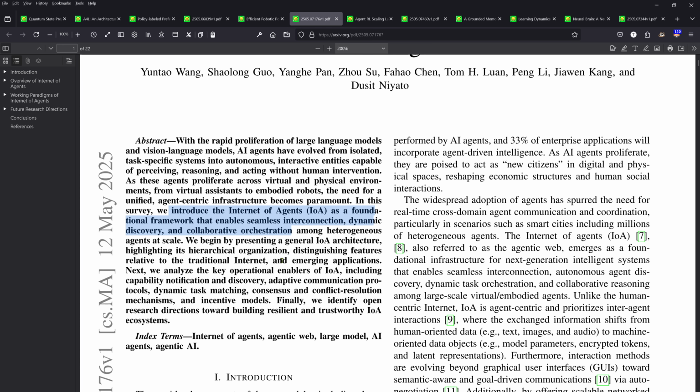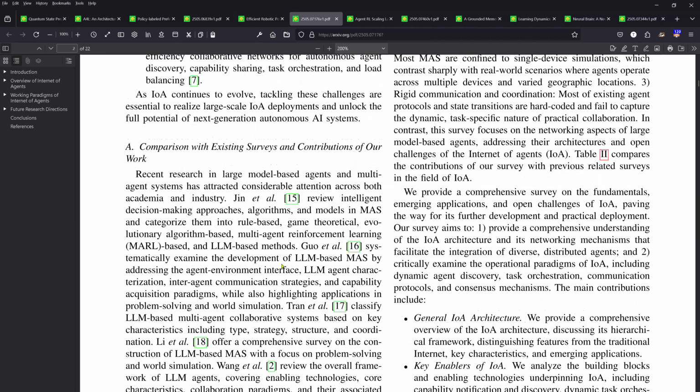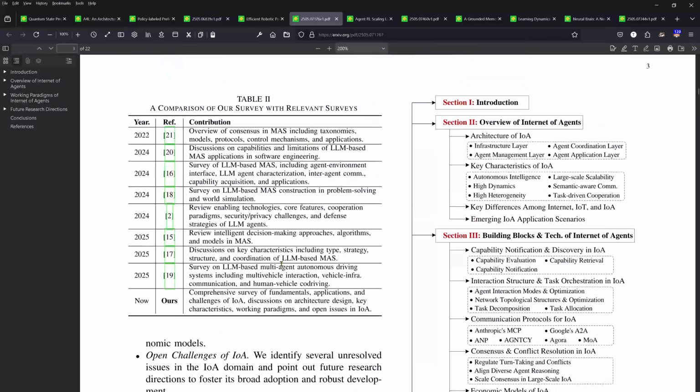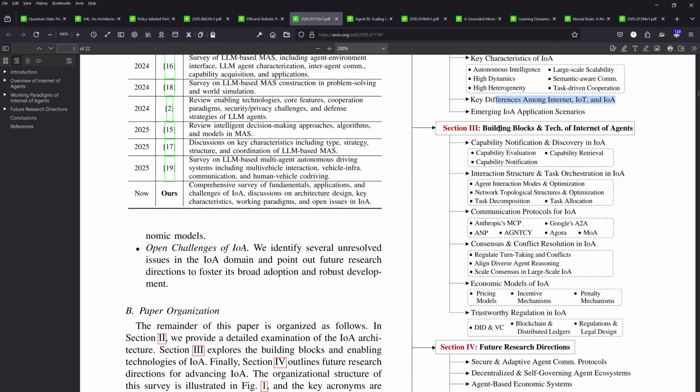Highly interesting study. I just want to show you here one visualization that caught my eye, especially on the right-hand side: introduction, then the overview of Internet of Agents. What is the architecture? What are the key characteristics? Then we have the building blocks and the technology of the Internet of Agents.